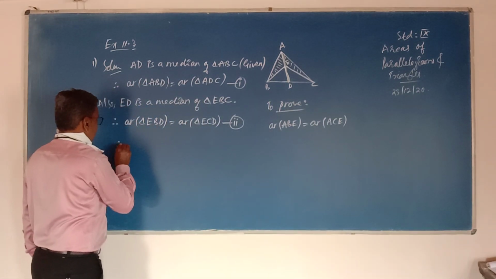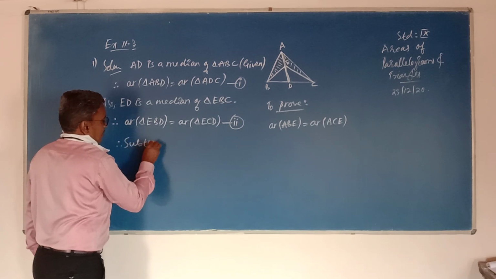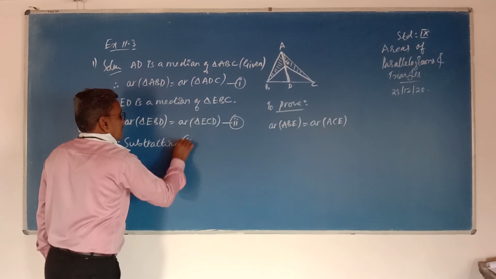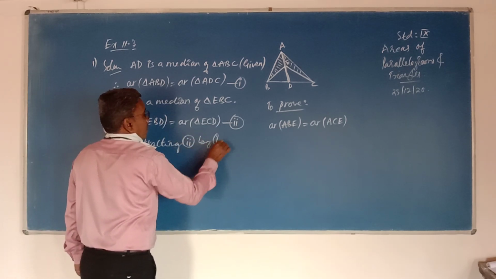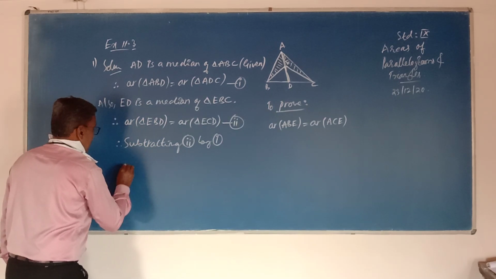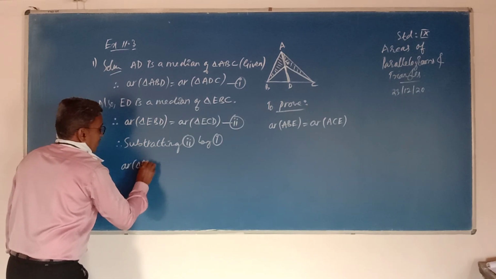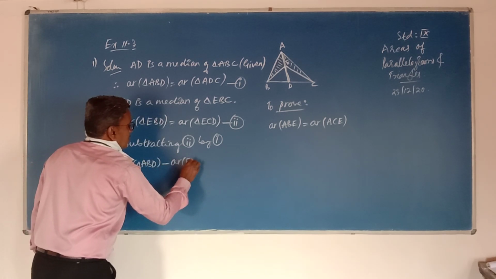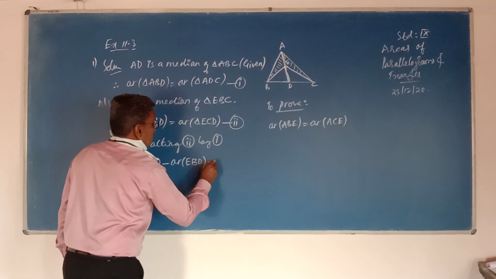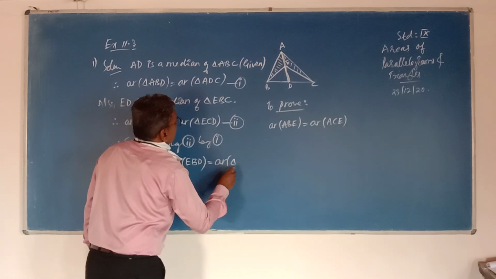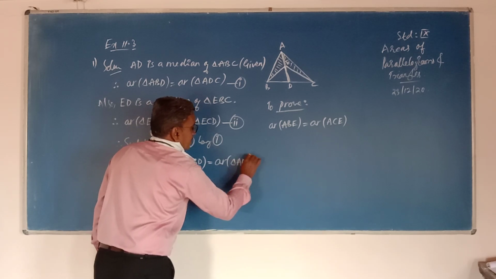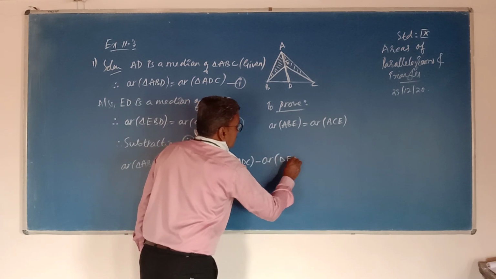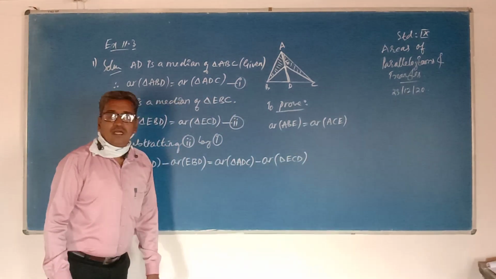Therefore, subtracting equation 2 from 1, that is, area of triangle ABD minus area of triangle EBD equals area of triangle ADC minus area of triangle ECD. Equals are taken from equals.